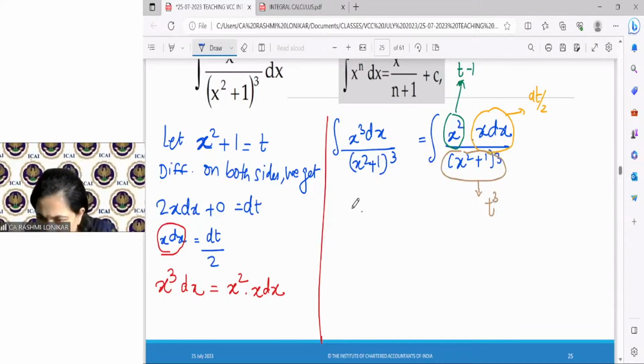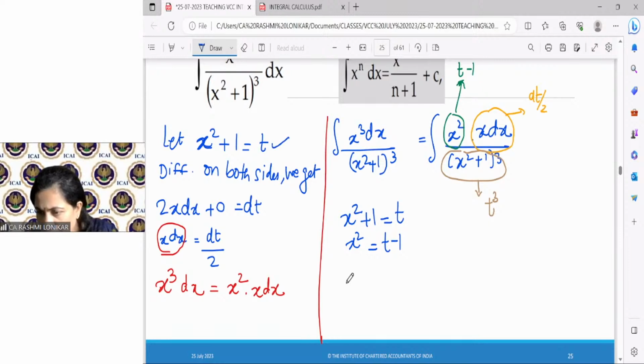Now, I have x square plus 1 is equal to t, right? So how much will x square be? t minus 1. And x dx, I'm writing dt by 2. And the denominator x square plus 1, we have already taken in the first step.